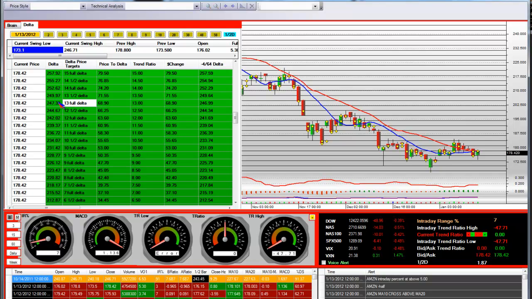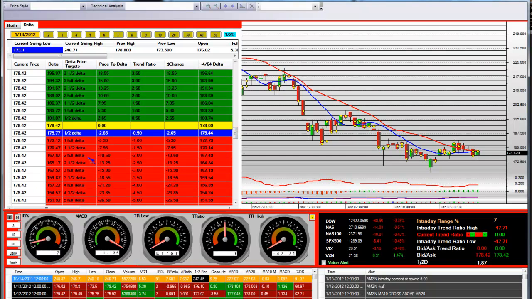And not only that, this is going to turn, and yes, it is a half delta movement here, but look at it, they were 13 full deltas up, and today the stock is closing at 178, and the stock came down into the negative delta range.